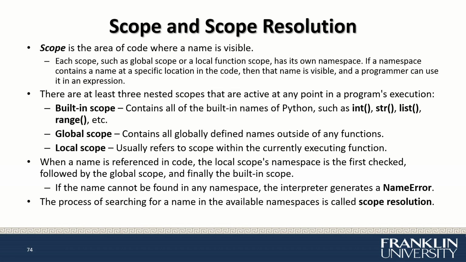So when a name is referenced in the code, the local scope will be checked first, followed by global, and finally built-in, in that order. And if it cannot find that name, then you get a name error. The process of searching for a name in the variable namespaces is called scope resolution.